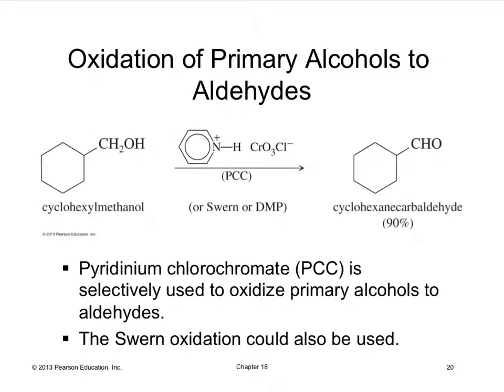You can also take primary alcohols and oxidize them with various reagents, PCC, which you've learned about, Swern, or DMP, to the aldehyde. PCC will selectively oxidize primary alcohols to aldehydes. Swern or DMP can also be used, and they don't over-oxidize to the carboxylic acid.